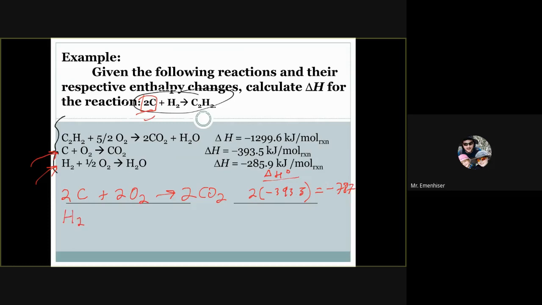And they will have to cancel out, but let's not worry about that right now. Let's just make sure that we get our hydrogen. Okay, and then the delta H for this reaction is negative 285.9 kilojoules. Okay, and so now we have our hydrogen, our H2.